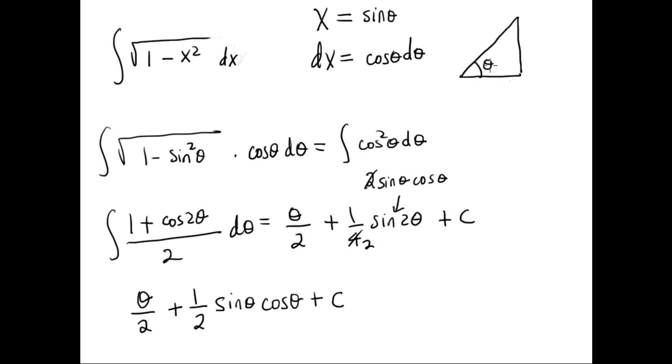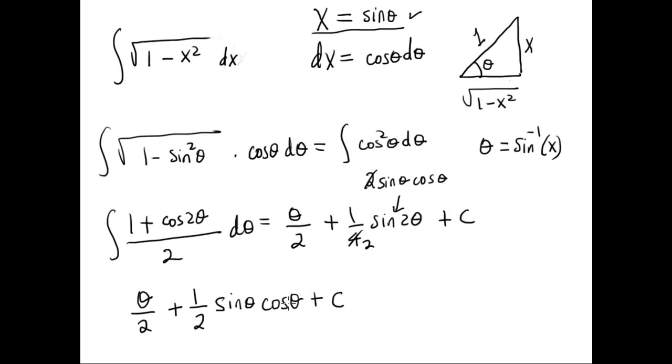This is always theta, and I come back to the beginning. Sine is opposite side divided by hypotenuse, which is 1. In this case, this is x over 1, the 1 being invisible, and the adjacent is the square root of 1 minus x squared. It's exactly the same as this expression. In our expression we have theta over 2. Who is theta? According to this expression, theta is sine inverse of x.